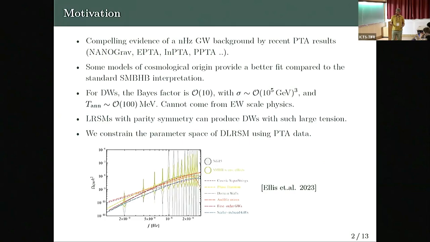What we are trying to do is constrain the parameter space of this particular version of a left-right symmetric model, which I call the doublet LRSM, using the PTA data. This is a plot which I have taken from John Ellis's paper, which shows the various sources of the signal.